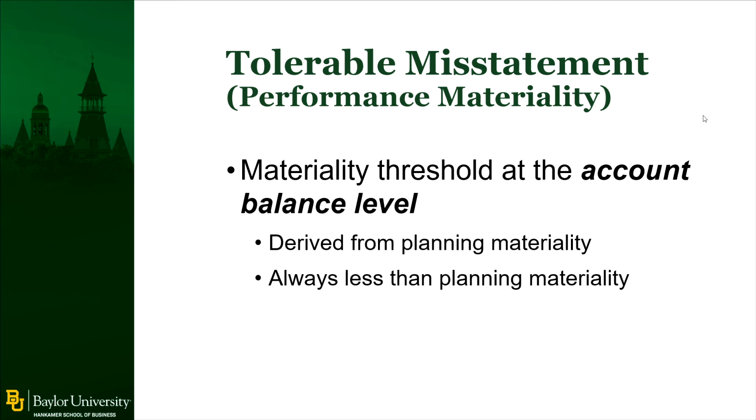Well, the likelihood of that tolerable misstatement, even if it's set at like 75% of overall materiality, that relative to the final account balance is probably a pretty small percentage, single digits for sure. And so it's going to be a fine enough filter that if there's a misstatement there, it's going to catch it.